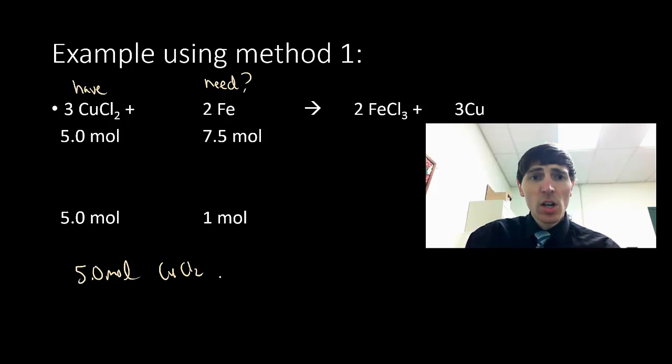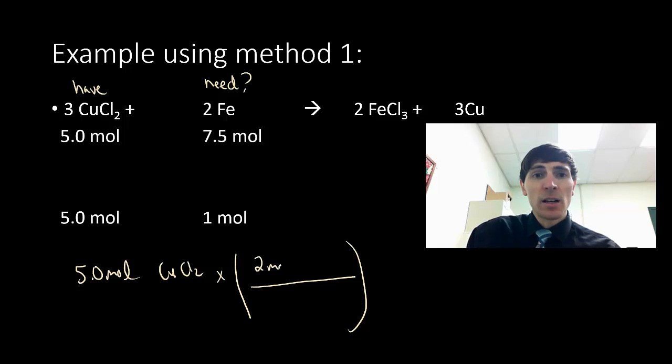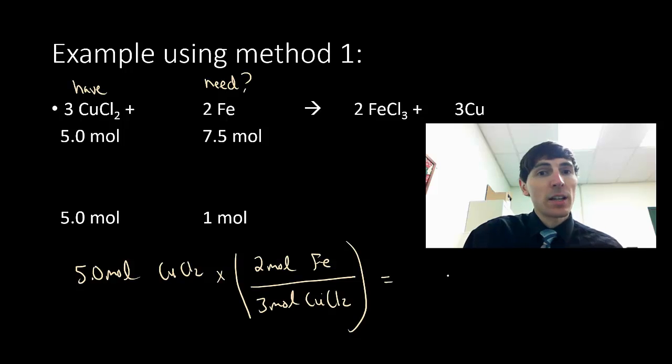If all 5 moles of those react, look at my recipe. I need 2 moles of Fe for every 3 moles of CuCl2. So when I take 5 times 2 divided by 3, I'm going to get 3.3 moles of Fe.